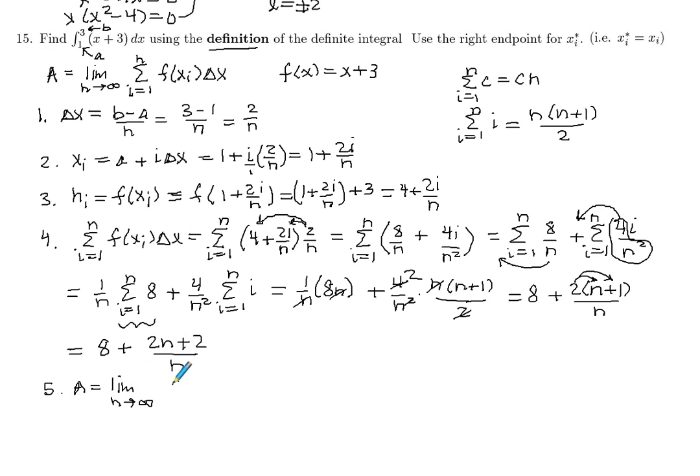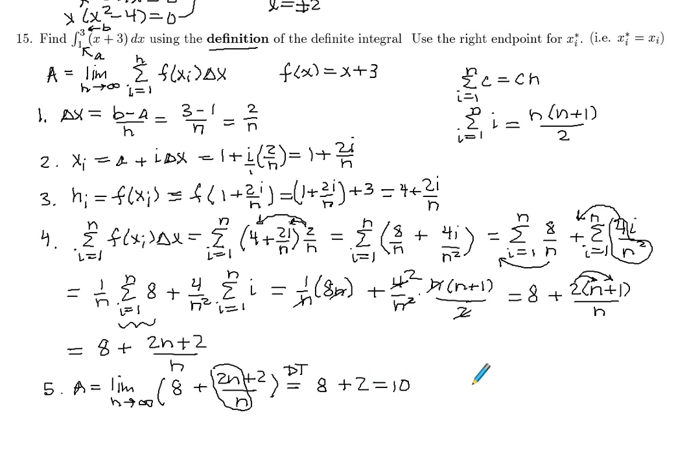So we're taking the limit of 8 plus 2n plus 2 over n. Well, the limit of 8 is just 8. And by dominant terms, in this piece the dominant terms are 2n and n. In the limit of 2n over n, the n's cancel, and that'll just be 2. So 8 plus 2, 10.